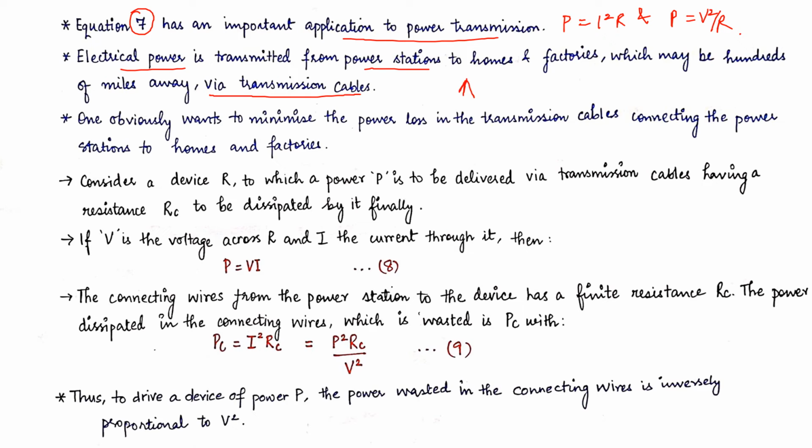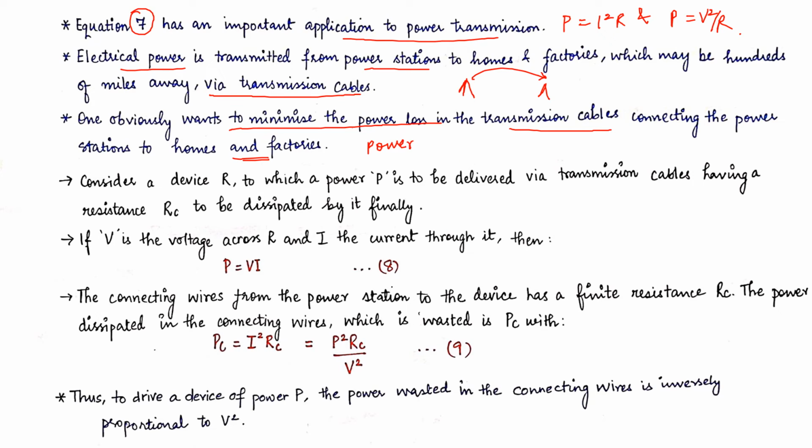These are the transmission cables and electricity is supplied from here to here. They are very far away. So in this case, one obviously wants to minimize the power loss in the transmission cables connecting the power stations to homes and factories. If there is more power loss, the power will not be able to travel long distances.